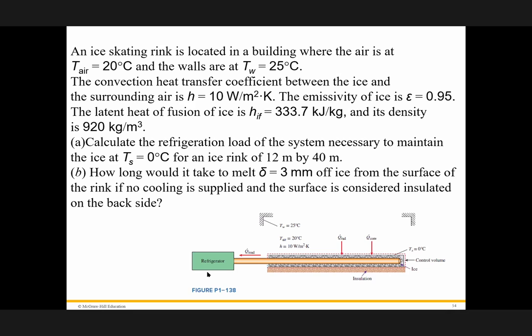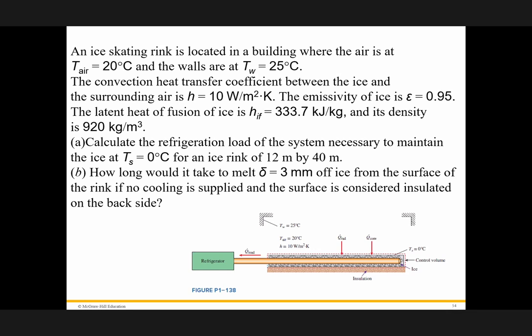You take this control volume right here, and write a simple energy balance between this surface and the room air. Here you would like to keep it at 0 degree because you don't want the ice to melt. And then the surface of the ice is exchanging heat with the air right here and the surrounding by radiation. Could you please write that equation?